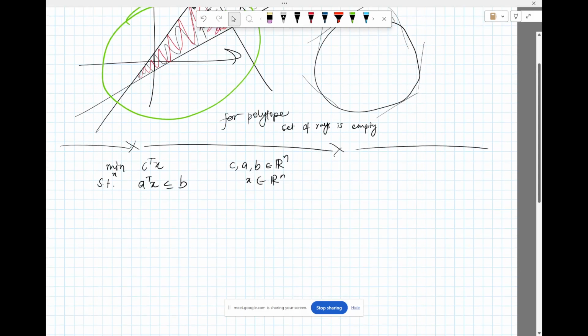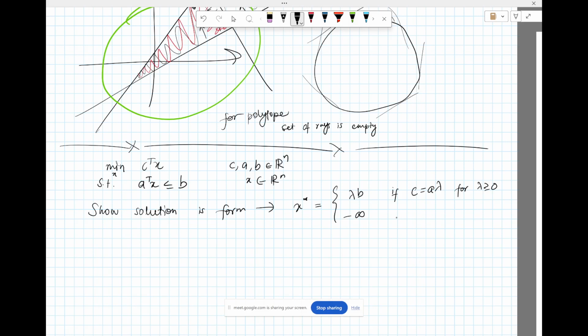The solution is of this form: the optimal value is lambda b if c is equal to a lambda for lambda greater than or equal to 0, and minus infinity otherwise.